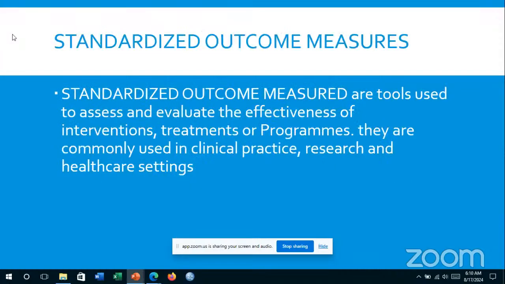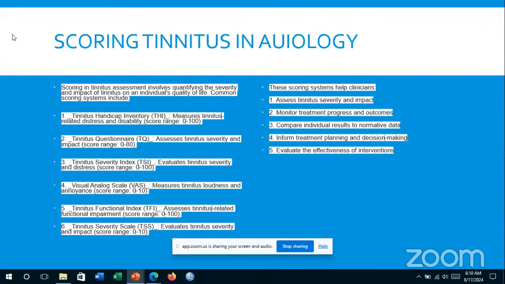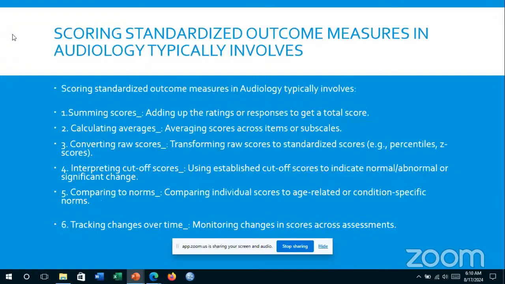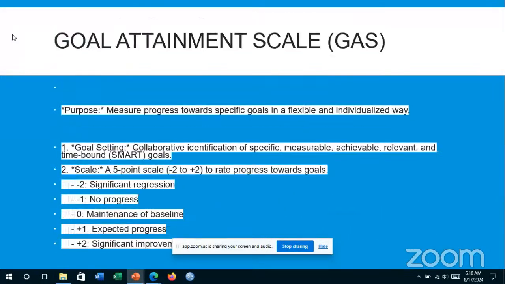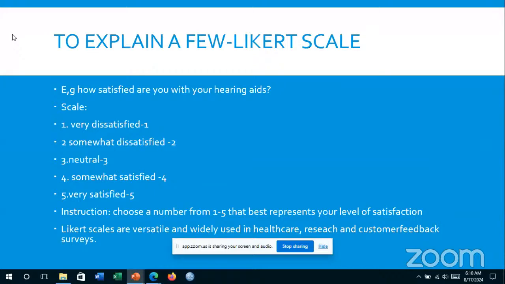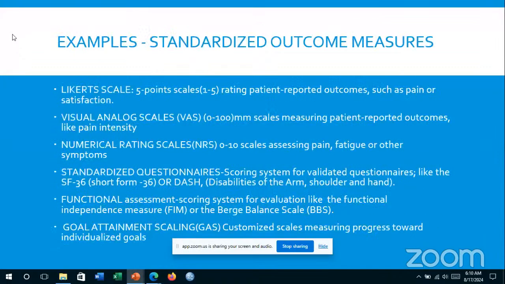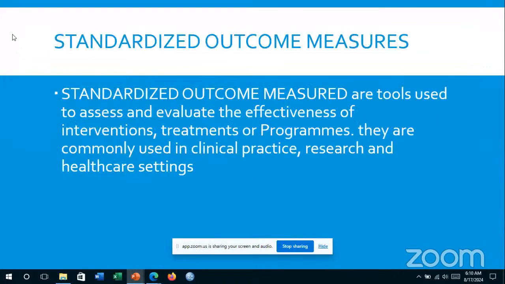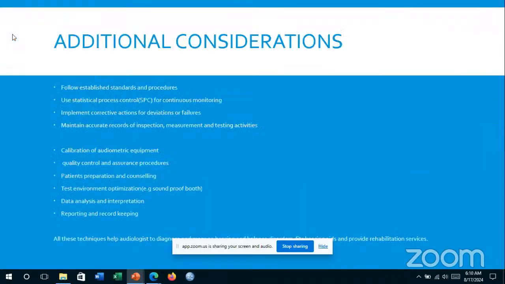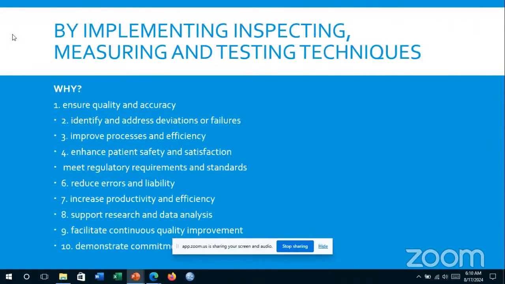So vestibular function tests, electronystagmography and videonystagmography, can be used as tools for testing. While tinnitus assessment and management also have tools to use for the testing. So audiologists may use questionnaires and surveys to gather information about symptoms and communication abilities. And they can as well use acoustic analysis software.